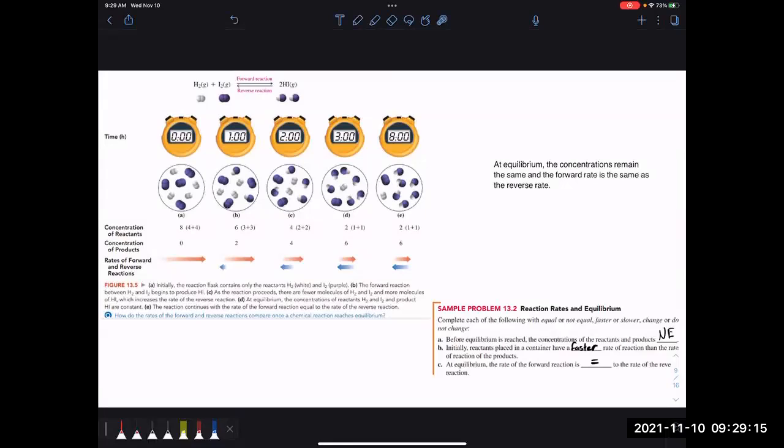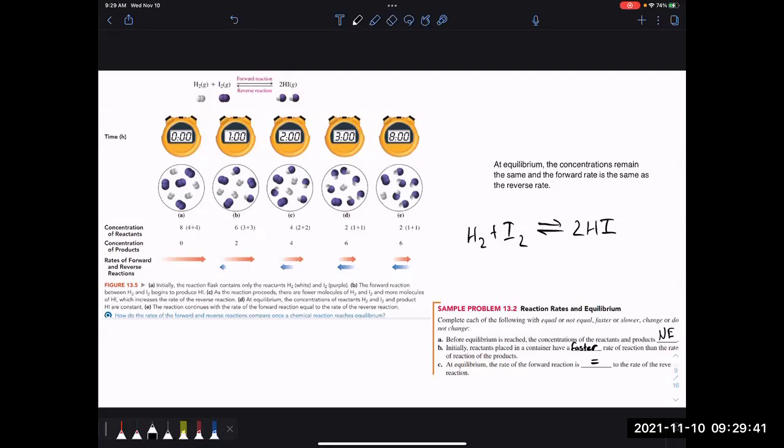One of the things I guess we didn't really talk about, did we? One of the questions that I might ask on a problem like this. So if we've got our hydrogen, I just want this to be bigger, we have our iodine, we have a reversible reaction arrow, we have 2 hydriodic acid.